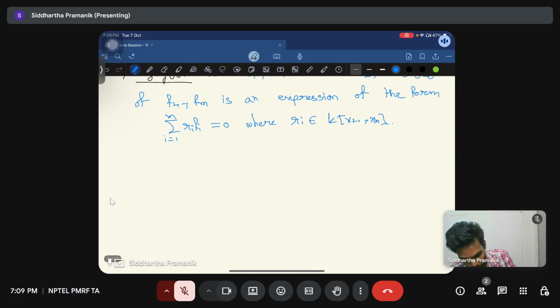So now, what is S? What is the S polynomial of xy comma xz?